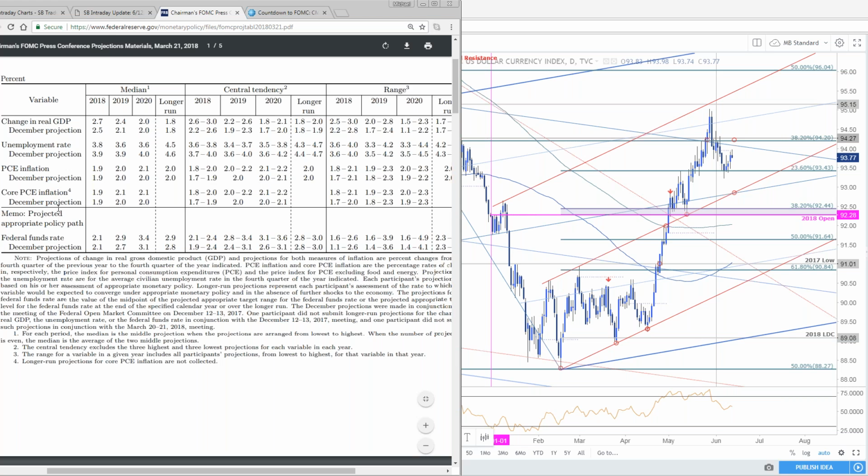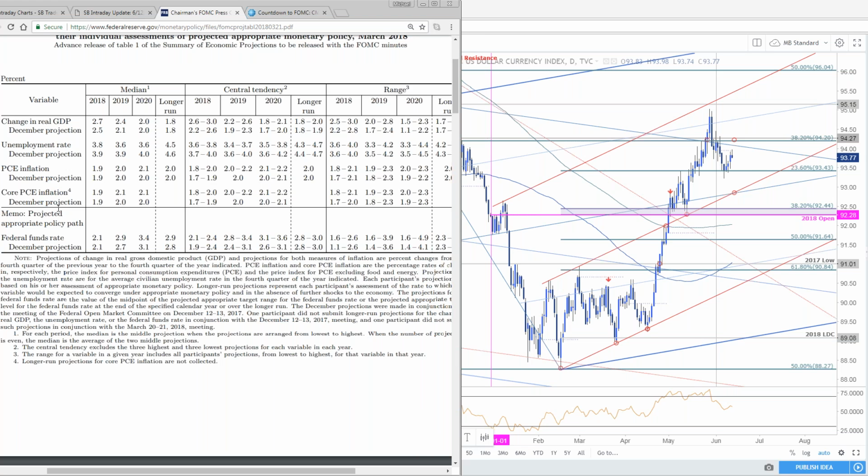Remember that the Fed's main focus, or their mandate by Congress, their dual mandate, is price stability, which is inflation. Their target is 2%. We're still running at 1.9. And maximum employment, and the natural, quote unquote, rate of unemployment is basically where we are now. Longer running, we're actually below it.